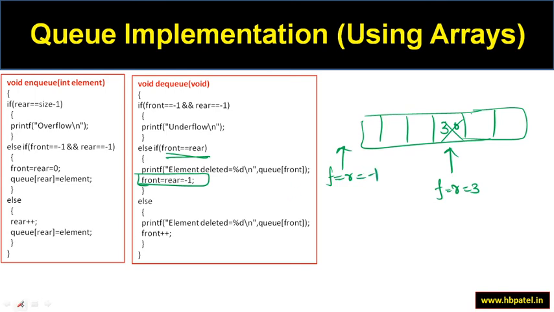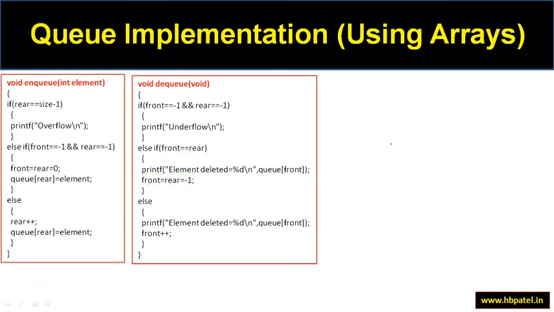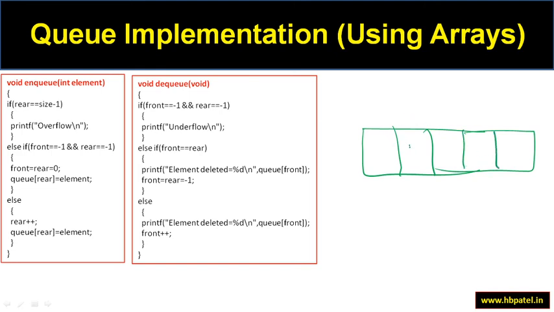And now the third and regular case. The third and regular case means it's not empty and it's not the last element. For example, we have something like 20, 30 and 40. That means front is pointing to position number 1 and rear is pointing to position number 3.